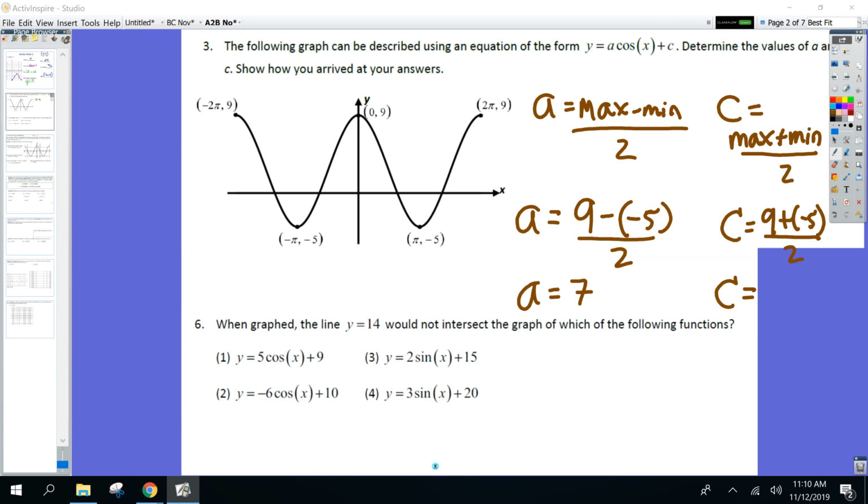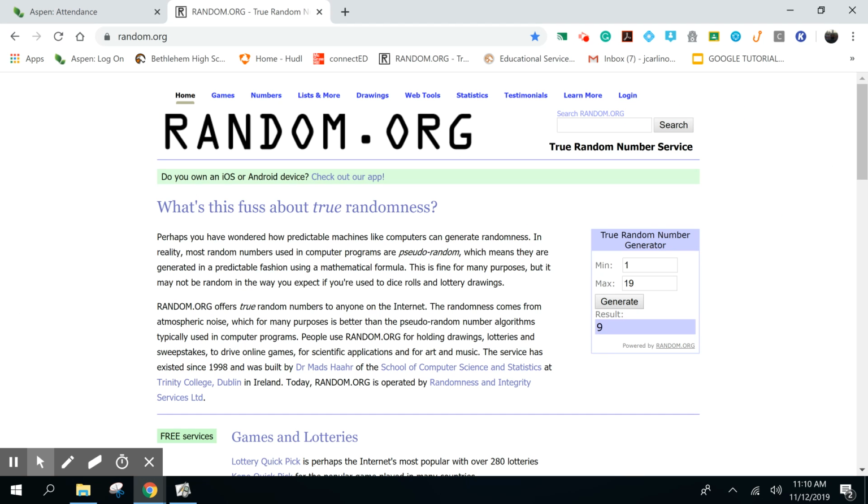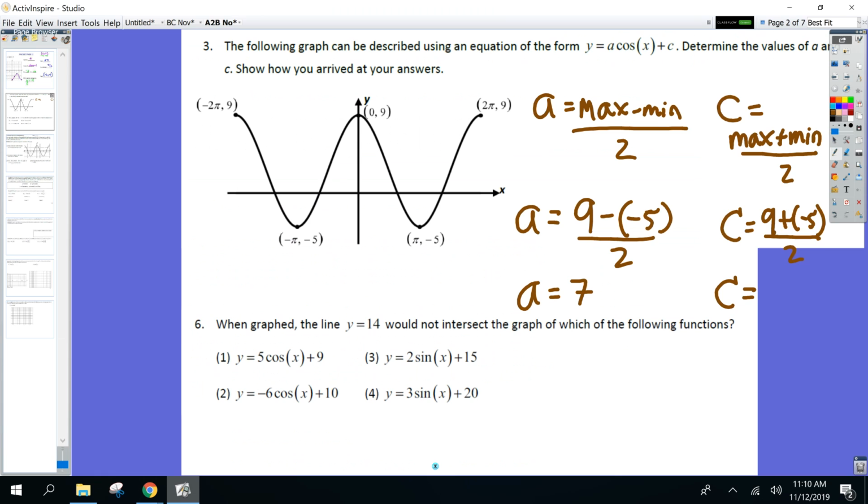And what's my C value here? 9 plus -5 divided by 2. Give me a second. Oh, wait, it's 2.